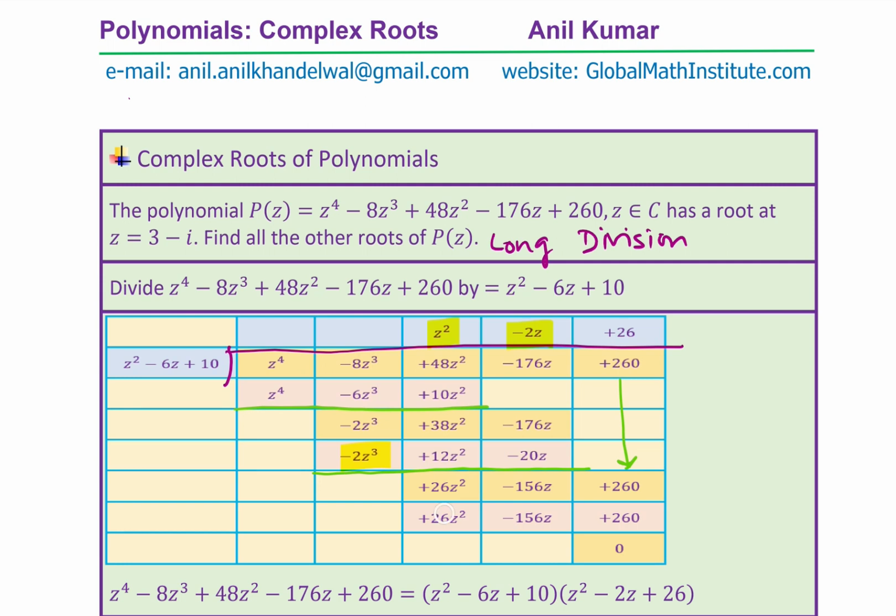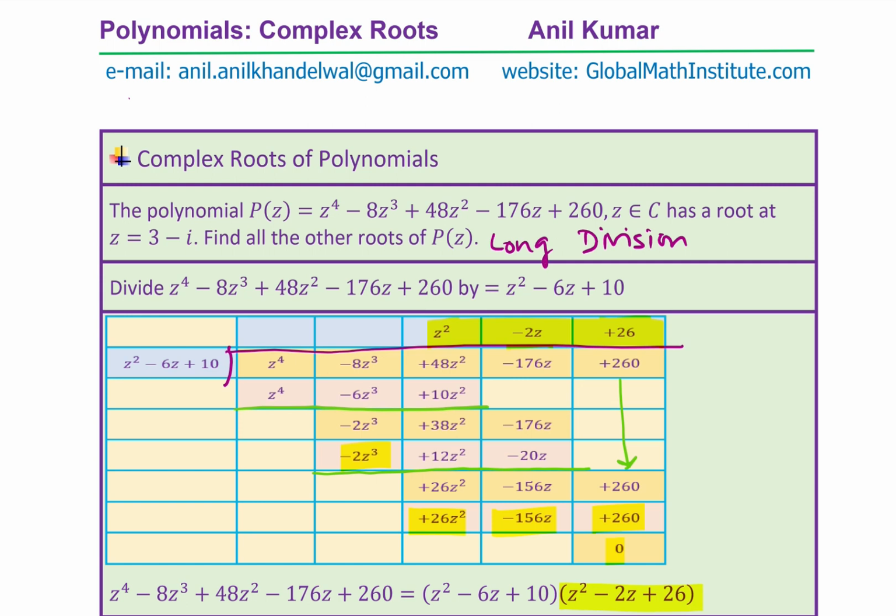And now we need to have 26 on the quotient. So the next term will be plus 26, which gives you plus 26z squared minus 156z plus 260. And as expected, the remainder is 0, right? So that means we have the other factor, which is z squared minus 2z plus 26.